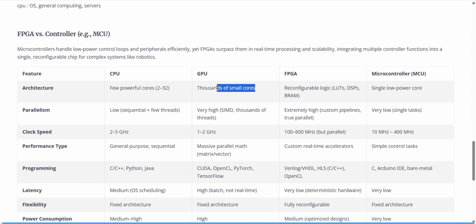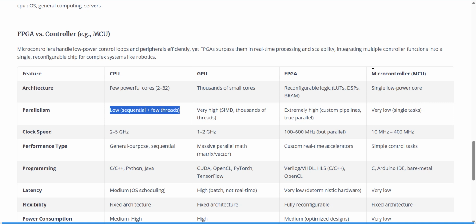GPU has very many cores. Now parallelism. In parallel applications, the speed of the FPGA is extremely high because of the custom pipelining techniques it uses, giving true parallelism. GPU uses thousands of threads.